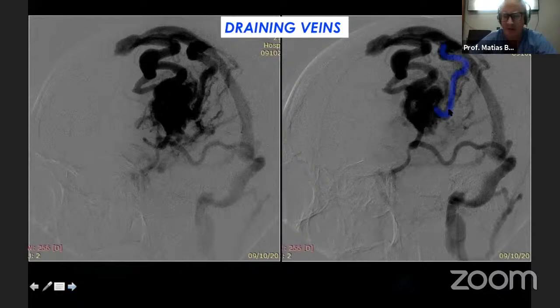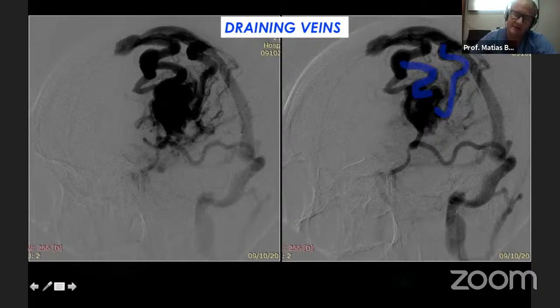We can observe here a posterior draining vein and an anterior draining vein, both of these big veins draining to the superior sagittal sinus. And here, this vein divides in two rami.